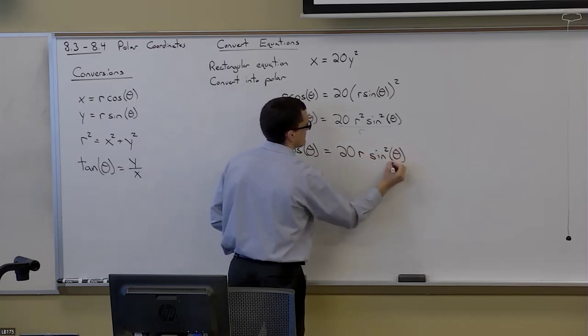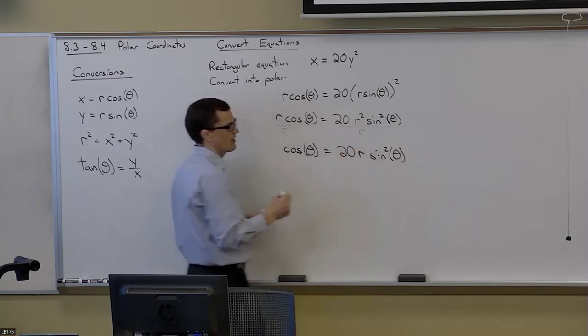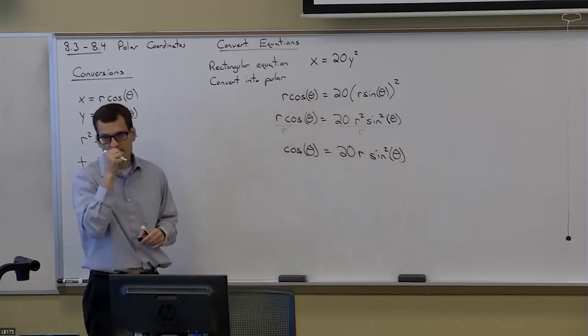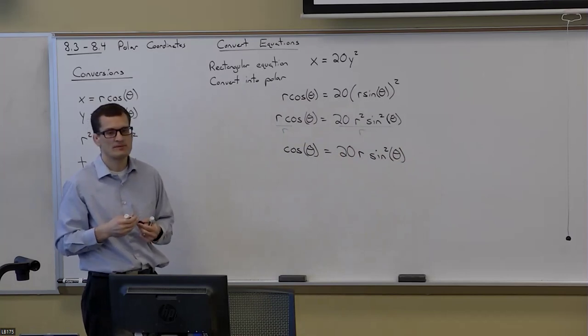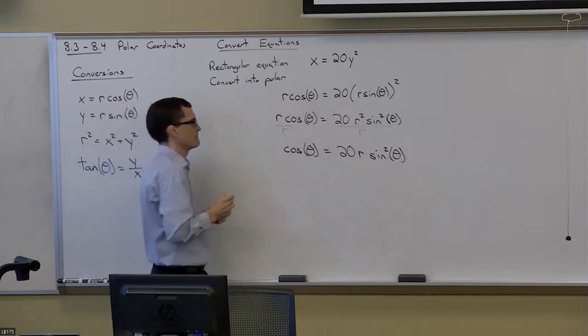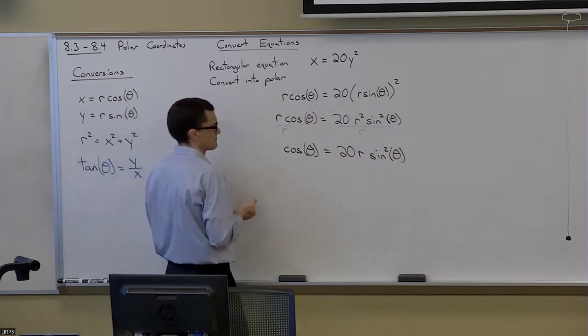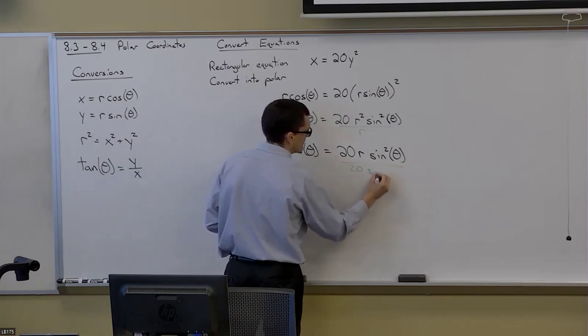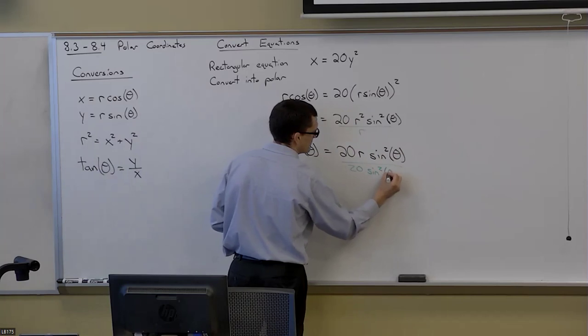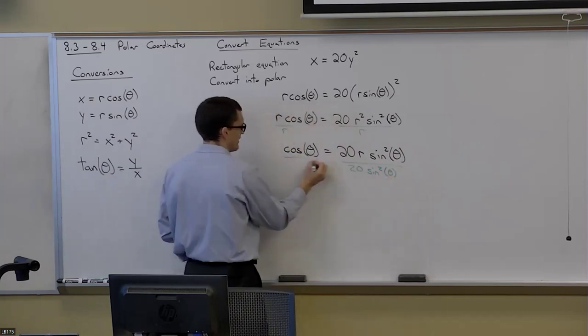That's going to cancel out one copy of r from the numerator and just leave me with one copy of r in the problem. And then to get r by itself, I divide by 20 times sine squared of theta on both sides.